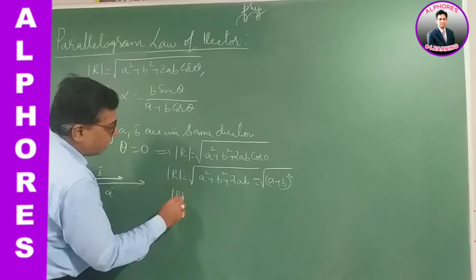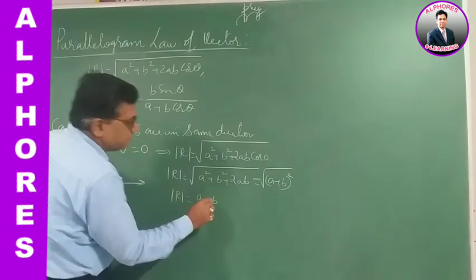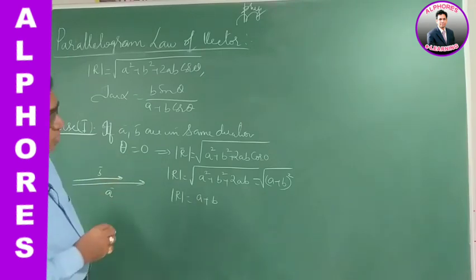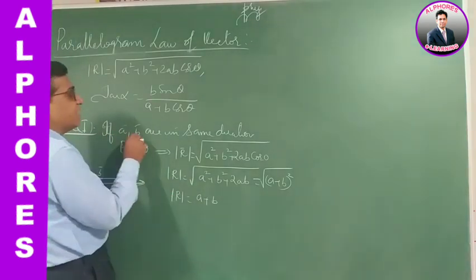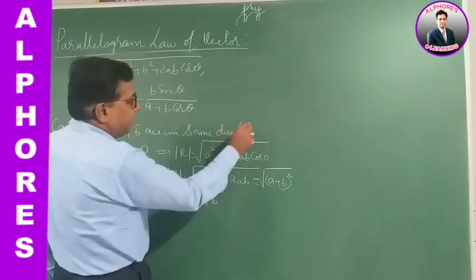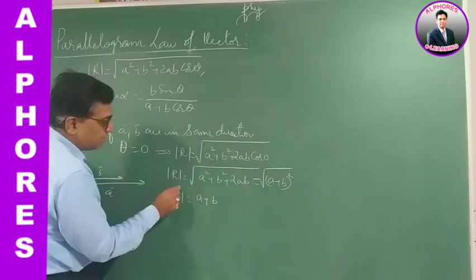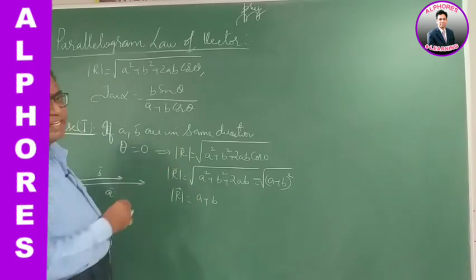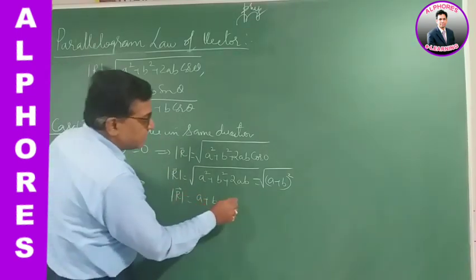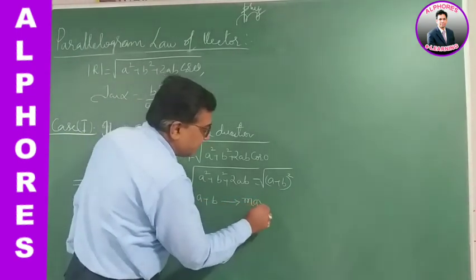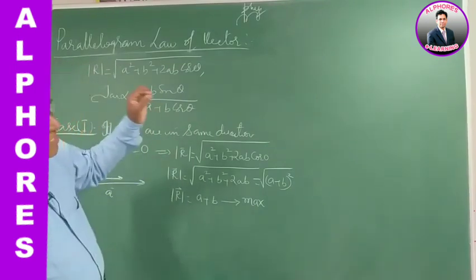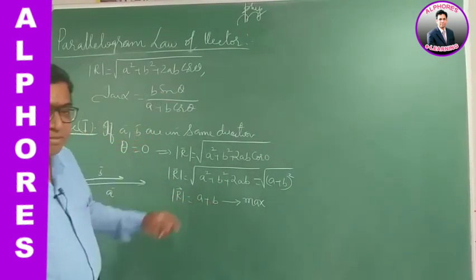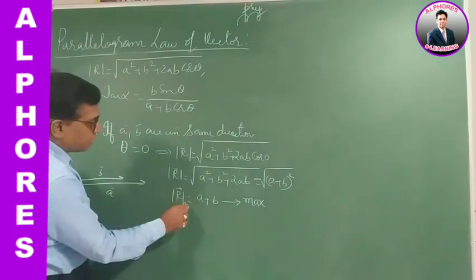So mod R is A plus B, simply mod A plus mod B. So if two vectors are in the same direction, the magnitude of the resultant vector is just the sum of the two magnitudes. And this is the maximum resultant, the highest resultant you get when two vectors are added, so this is termed R max.